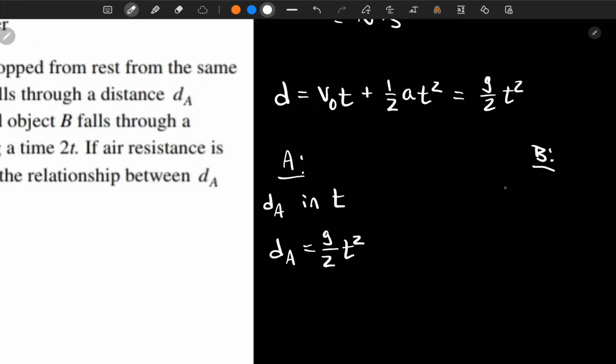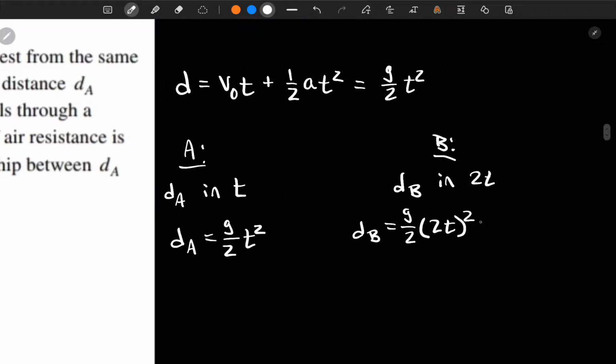For object B, however, it travels a distance dB in time 2t. So we can write dB is equal to g over 2 times 2t all squared, which is equal to 2g t squared, because the 2 is squared, so we get 4, which divided by 2 is 2.